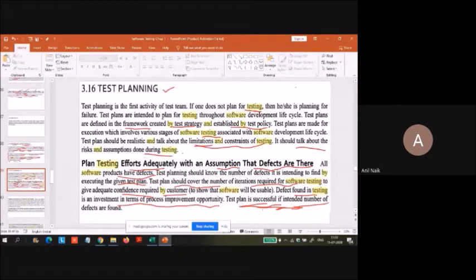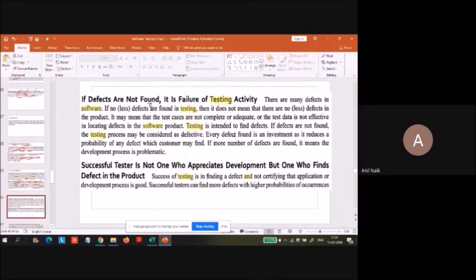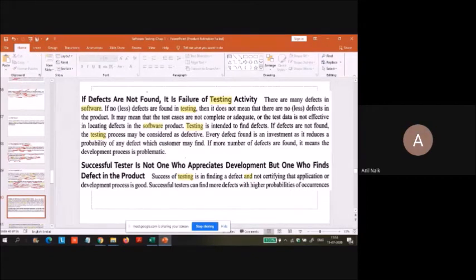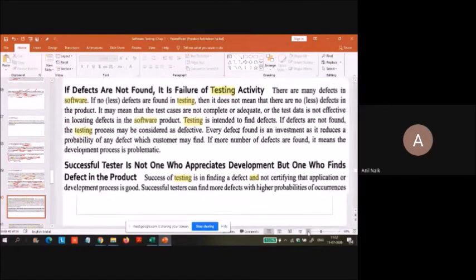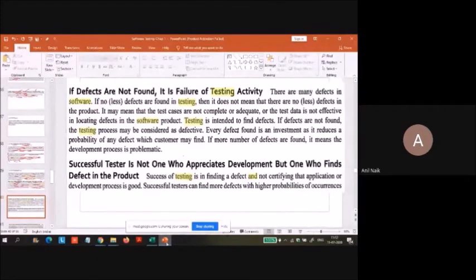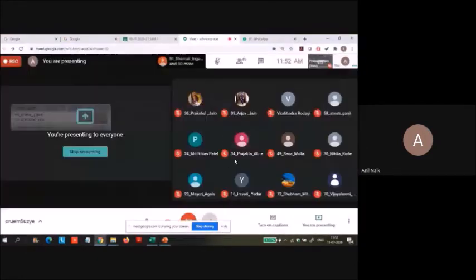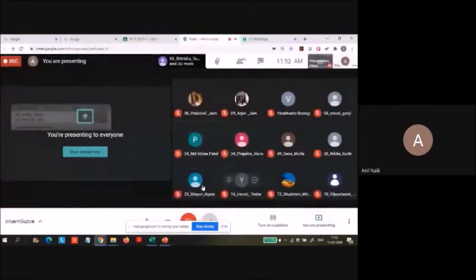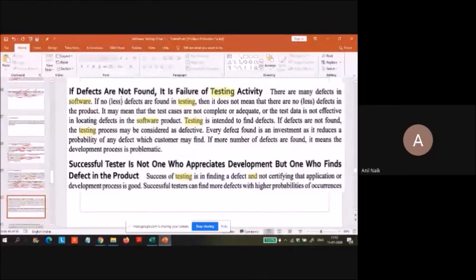If there is no defect, there may be some problem. If defects are not found, it is a failure of testing activity.